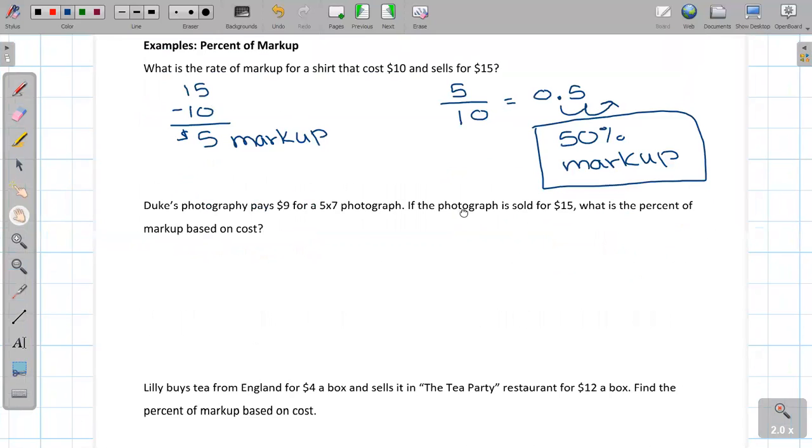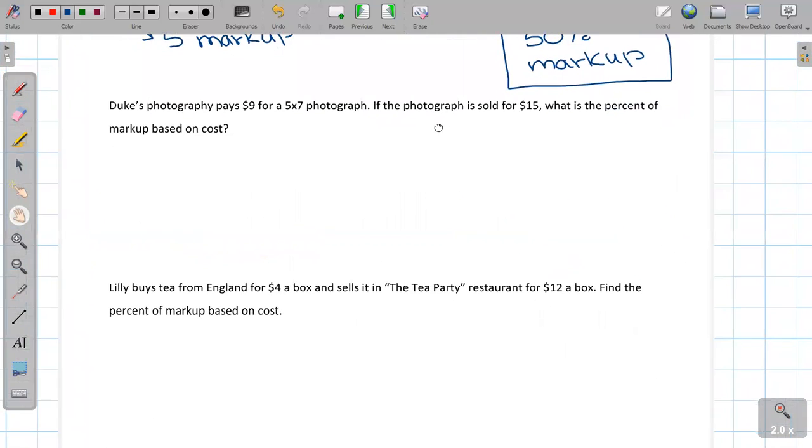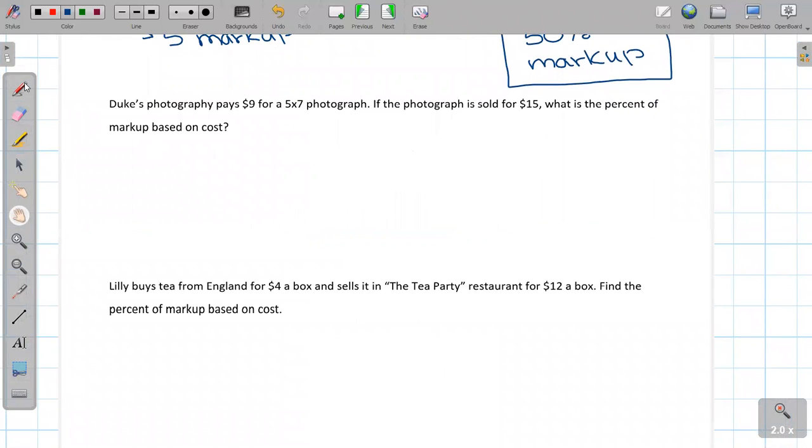Look at the next problem. Duke's Photography pays $9 for a 5x7 photograph. The photograph is sold for $15. What is the percent of markup based on the cost? So we need to figure out what was the markup initially. We're going to take $15, what it sold for, subtract what it cost, 9. 15 minus 9 is $6. That's our markup. Now we need to find that percent.